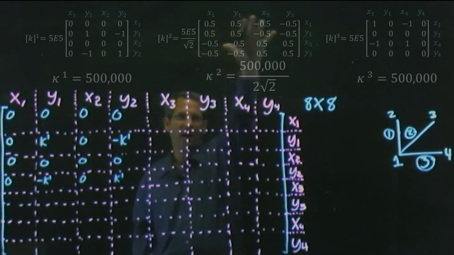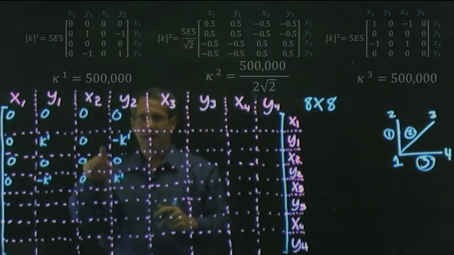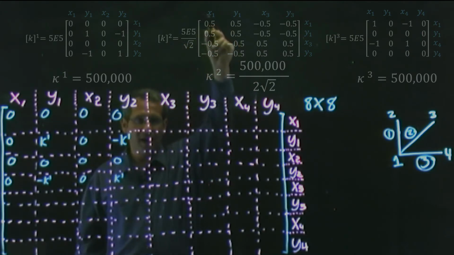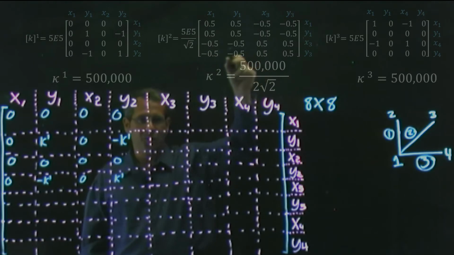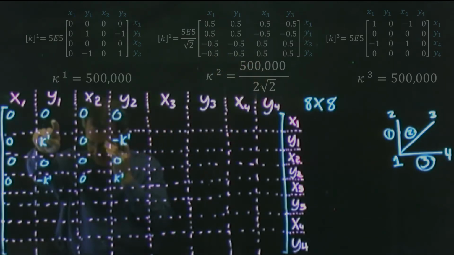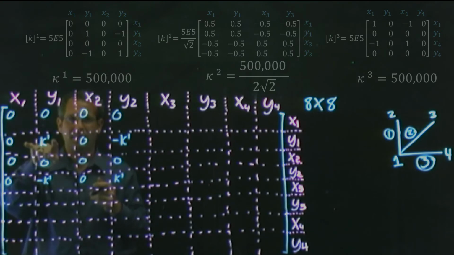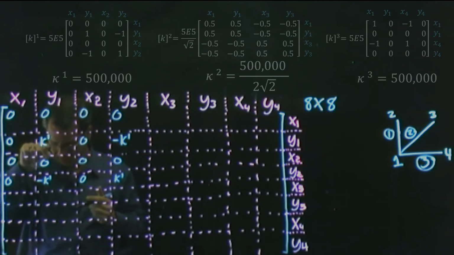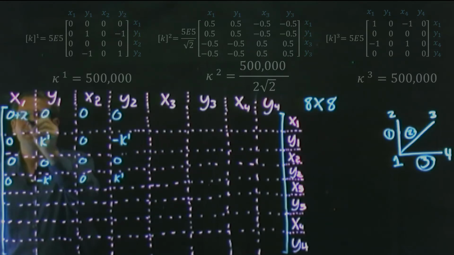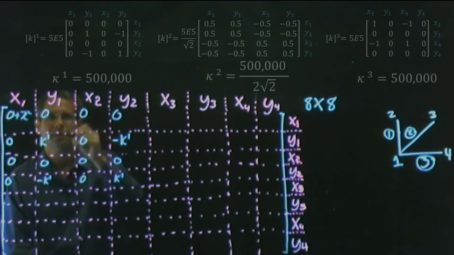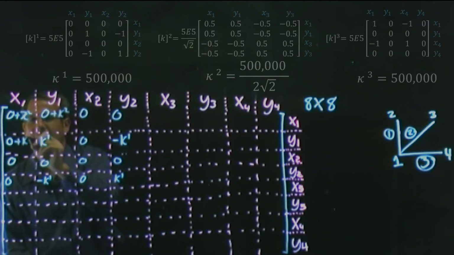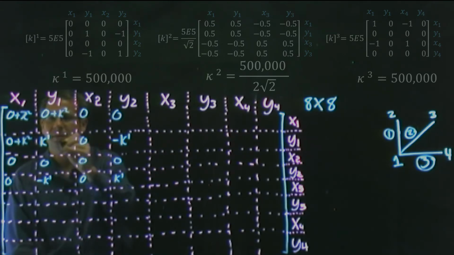now here, every element is either going to be a kappa 2, 0, or negative kappa 2. Here I have column 1, x1, row x1. In these 4 elements, I will get plus kappa 2, plus kappa 2, plus kappa 2, plus kappa 2.